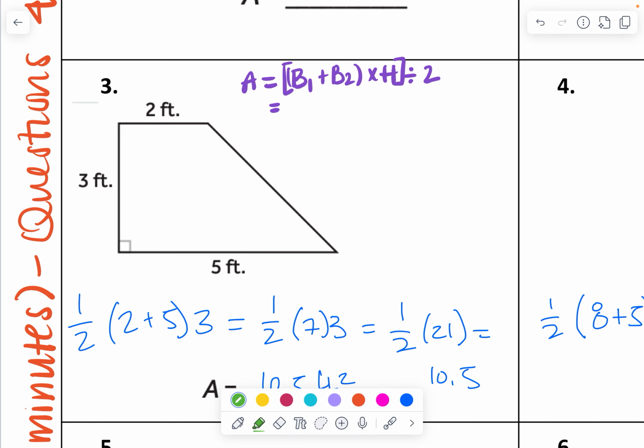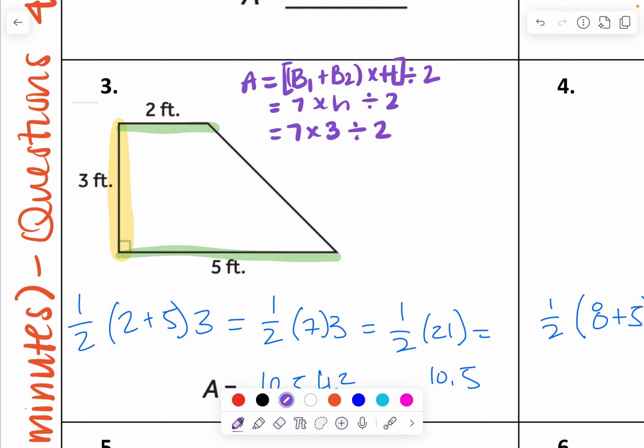What do we have? 5 plus 2 is 7. So we have 7 times height divided by 2. What is our height? 3. 7 times 3 divided by 2.